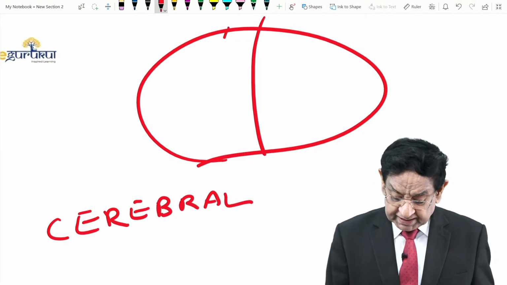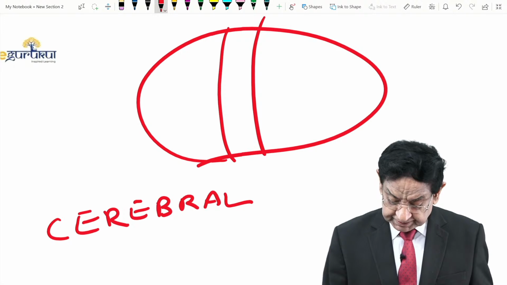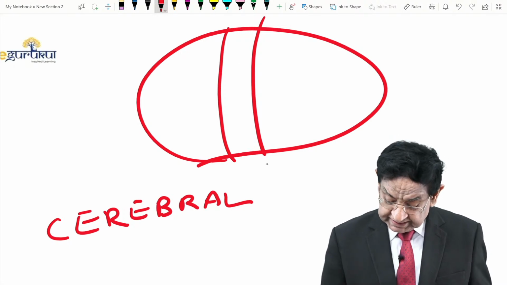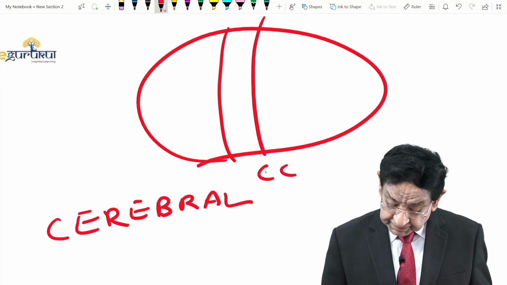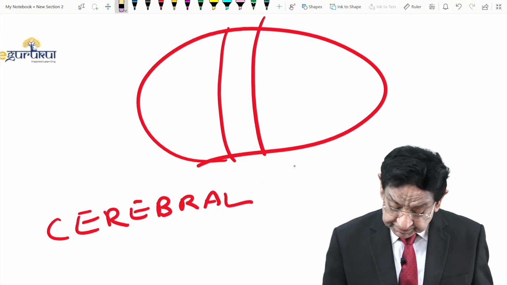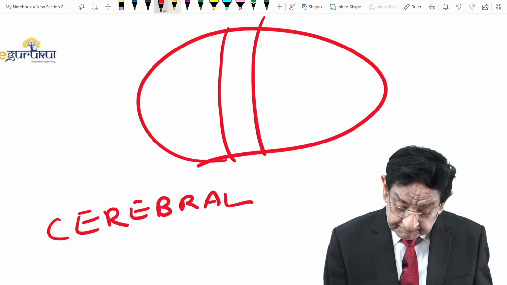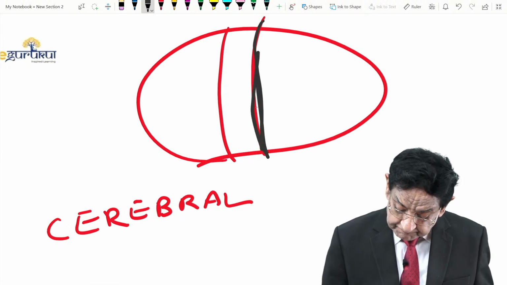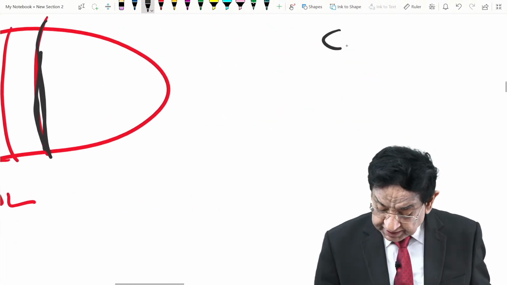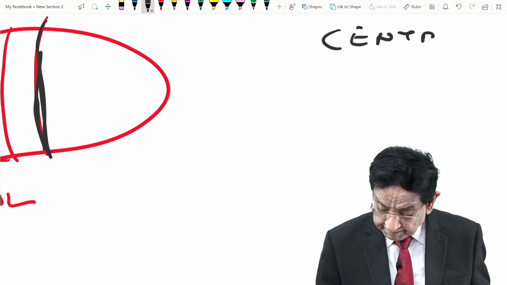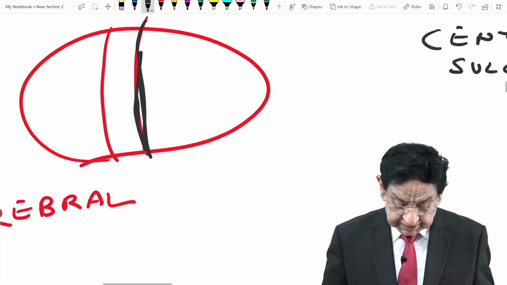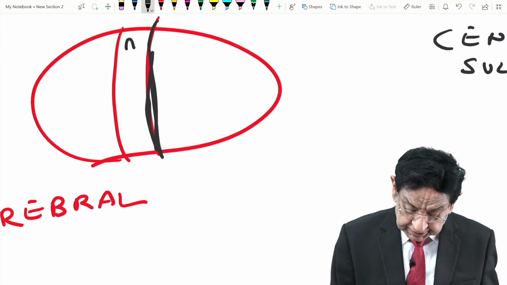This is the central sulcus, and this is the motor cortex.